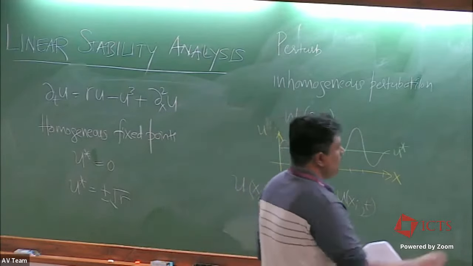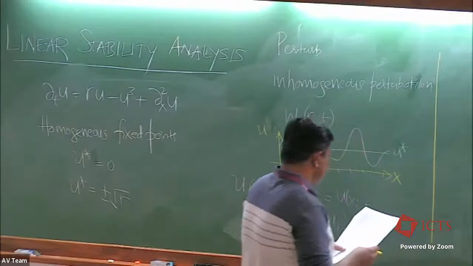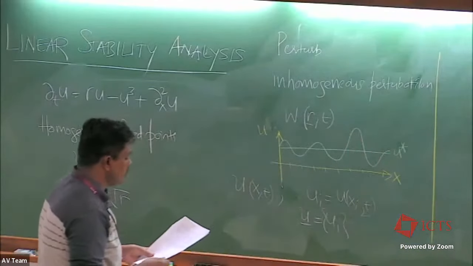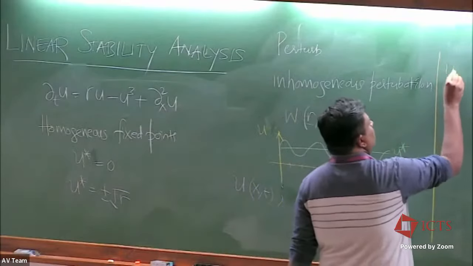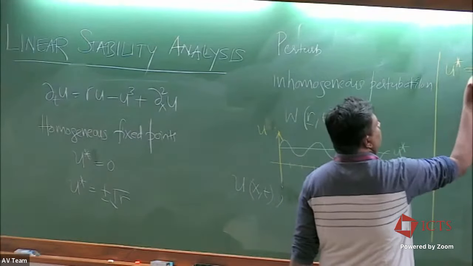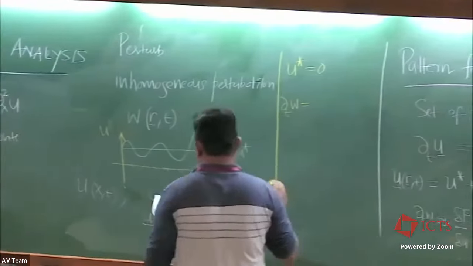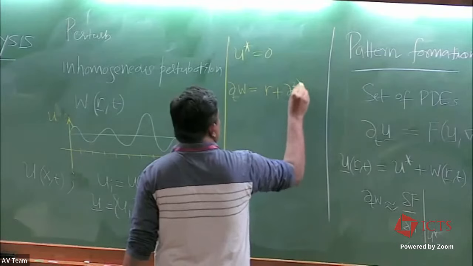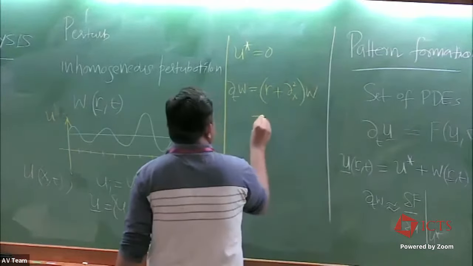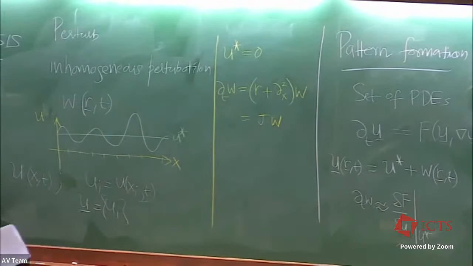Okay, so we follow this procedure, and let's say you look at the U star equal to 0 fixed point, and look at the stability around that. So like I said, I want you to show that this will turn out to be basically R plus dx square, that's basically the operator J acting on W. Is this fine?